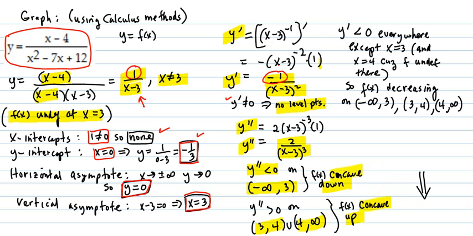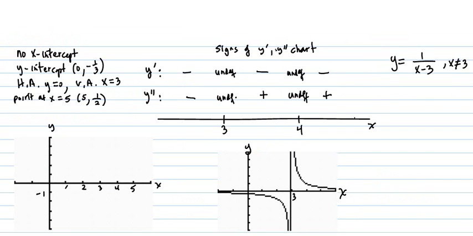Okay, so now let's graph it. Just rewriting the attributes that we had. I wanted to get another point after 4, so I just made up x equals 5. I evaluated that into the function, and it's 1/2.